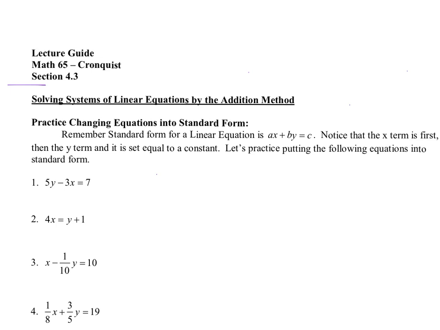So for standard form, we've got to flip so that x is first. Now remember, when it's a subtraction, that makes it a negative when we move it up front. On this next one, we've got to subtract the y to the other side. So we end up with 4x minus y equals 1.